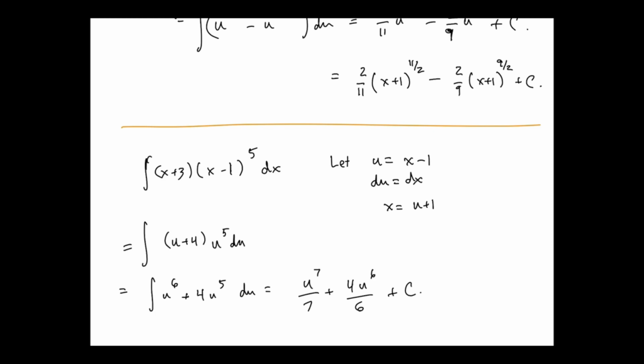And then substitute u back in and maybe simplify the 4/6 to 2/3. Okay, so does that kind of make sense? It's sort of a sneaky reverse on a u substitution, and it's not the only sneaky substitution we'll look at. It's not too sneaky, but yeah.